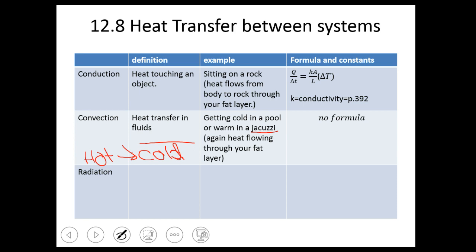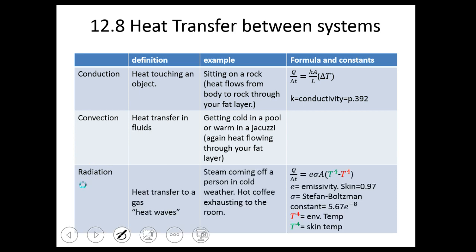And then the last example of heat transfer is going to be radiation. And you can think of this as like heat through the atmosphere, right? It goes in waves. And so the heat that we get from the sun is a really good example of radiant heat. The heat that you get from like a bathroom heater is also a good example of radiant heat.